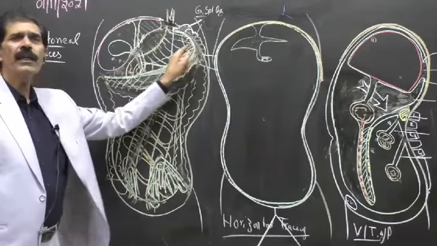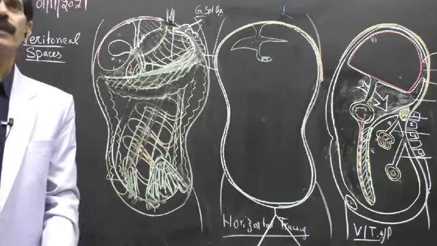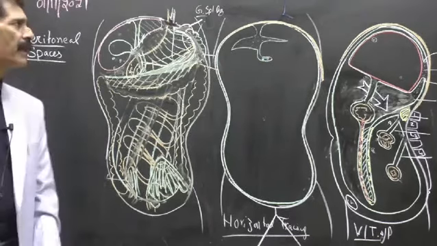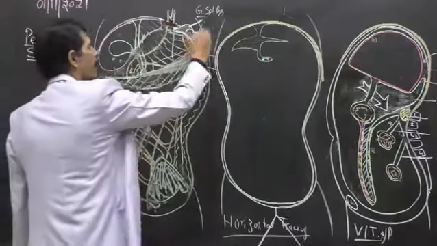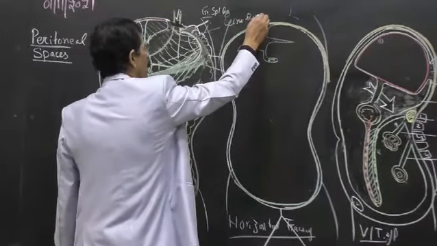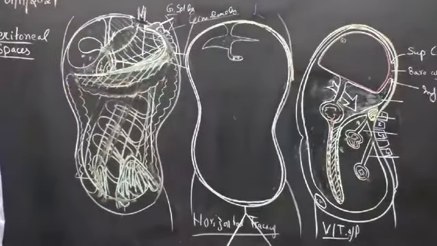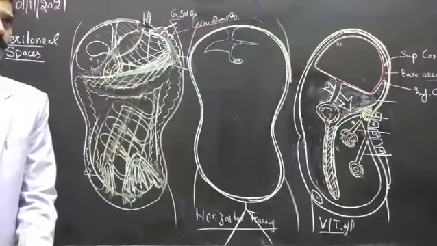So from spleen to the kidney, this double fold is again called a ligament. Now its name is the lienorenal ligament. Lieno means spleen. Lienorenal ligament. So this is the lateral extension of the number 1 and number 2 layers.